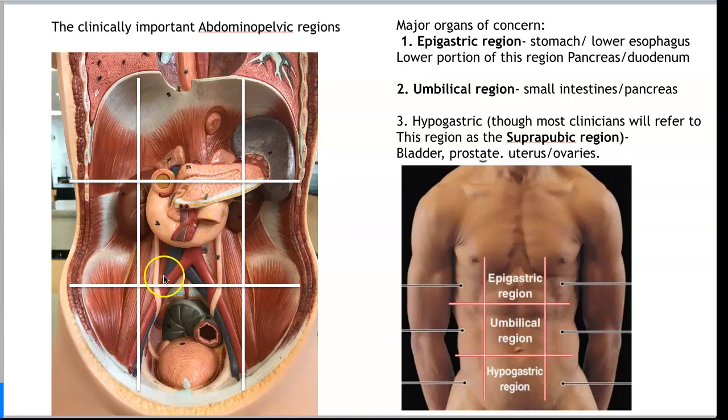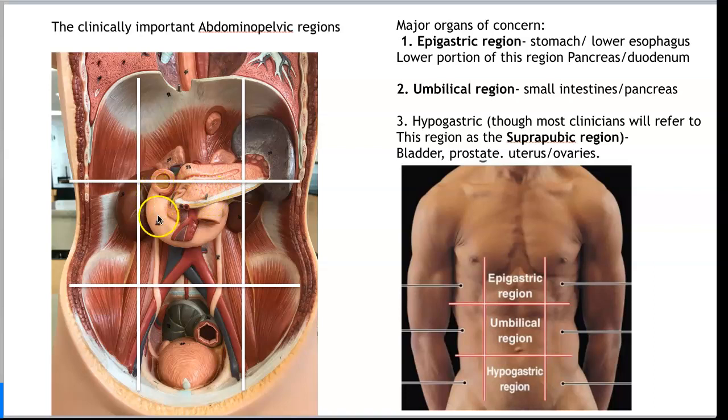This umbilical region, which is the area around the belly button, same thing. The main organs you're going to think of, again, is this pancreas. Patients will say it's like pain, like a knife going from their belly button straight into their back.